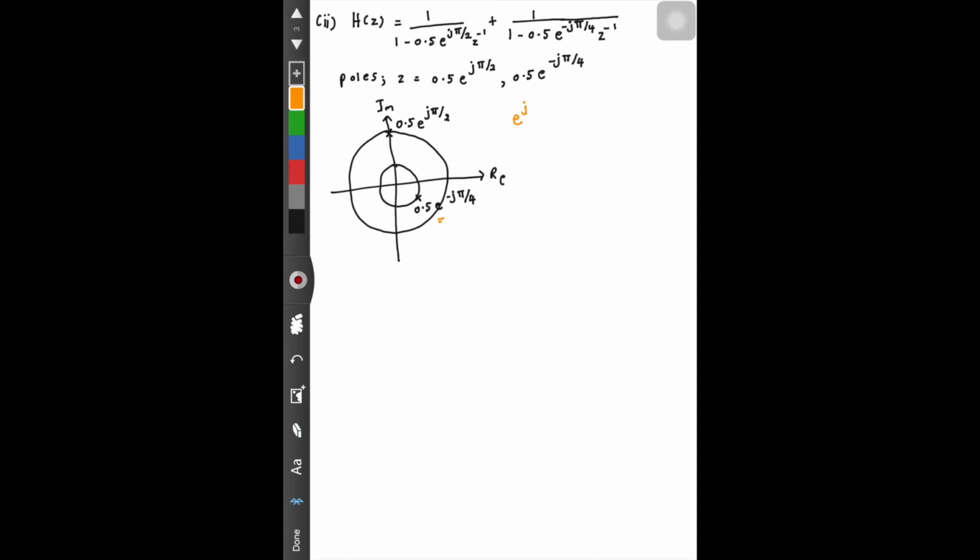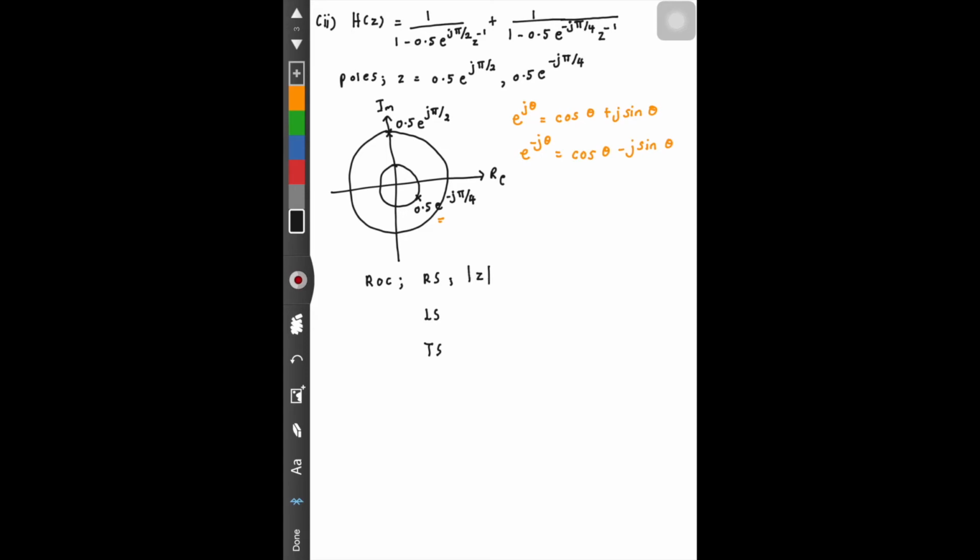Okay, if you still remember from your chapter 5, we have this relation: exponent j theta equals cos theta plus j sin theta. Next, we also have exponent minus j theta equal to cos theta minus j sin theta. So from here you can determine your ROC. Again, these are two poles, so basically you have three ROC: right-sided, left-sided, and two-sided.